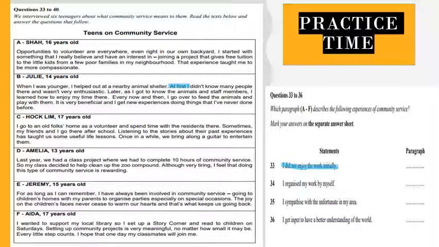And then wasn't very enthusiastic. Tidak berapa bersemangat. So I did not enjoy the work initially. Saya tidak minat kerja ini pada mulanya. So it is a match. So you write the answer B.